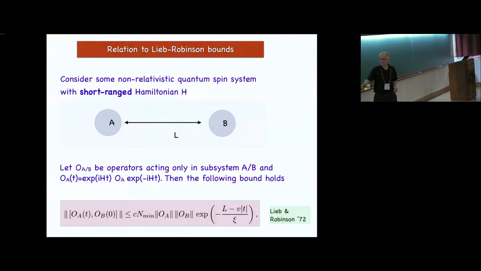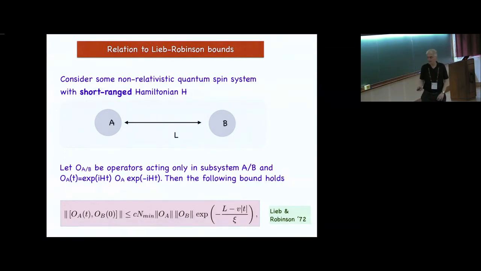If you write down what OA of t is, you can write it as a sum involving multiple commutators, commutators to all orders, and these commutators become less and less local. So this is no longer a local operator, so this becomes big.